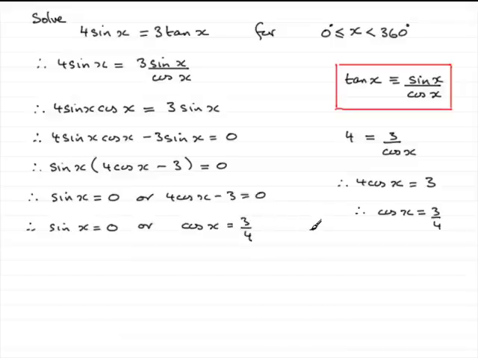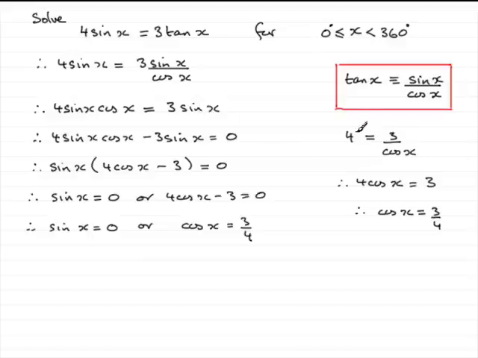So you can see that by dividing through by sine x means you're going to lose out the solutions from this equation. You're only going to end up with the solutions from this equation. So make sure you do not divide out by the sine x.